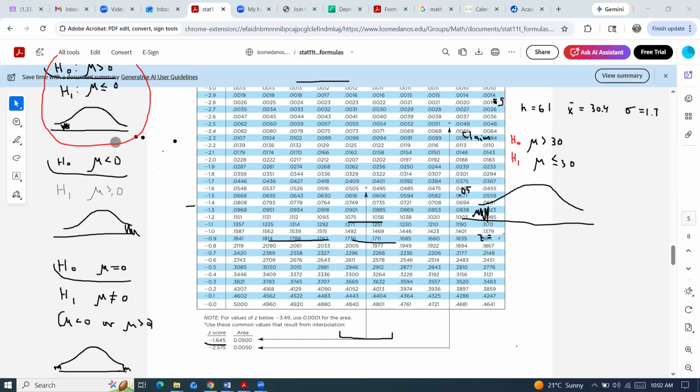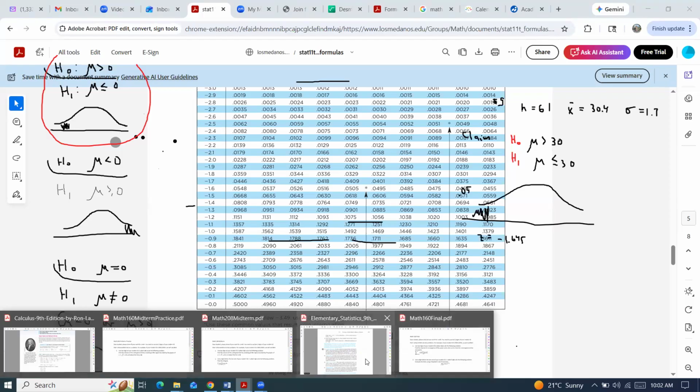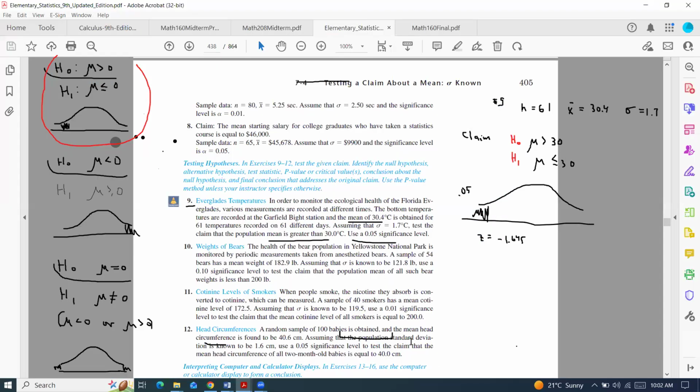So that's the so-called cutoff value that they want to associate with the area in the tail of 5%. It's a standard number. We already saw it, right? So very popular.